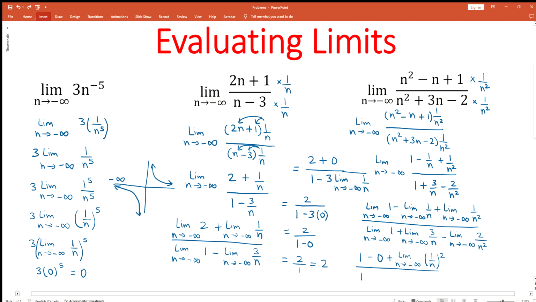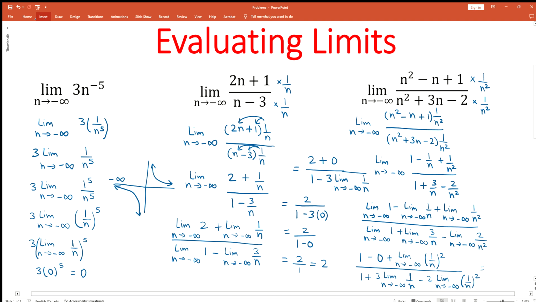In the second limit, we can move the 3 outside the limit because 3 is a constant. It's the coefficient of the term. In the third limit, we can move the 2 outside the limit because it's the coefficient of the term. It's a constant. And 1 over n squared can be written as 1 over n, squared.